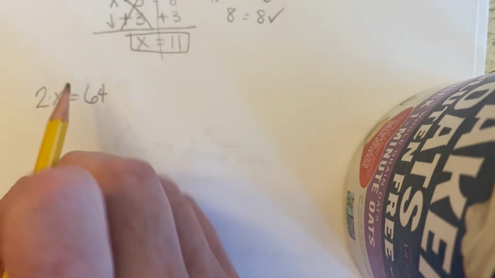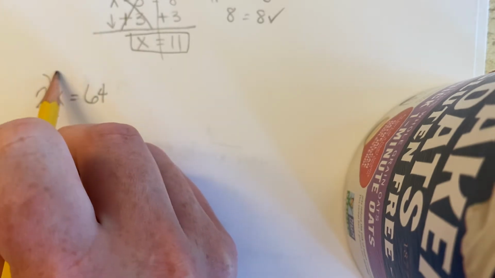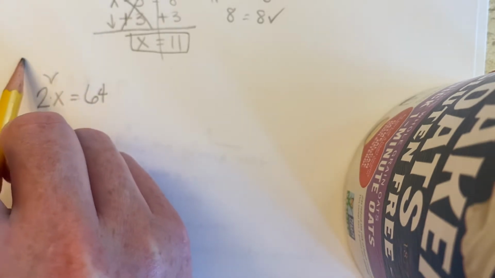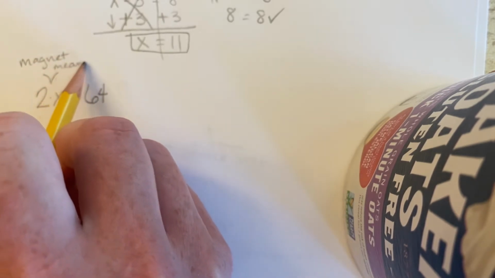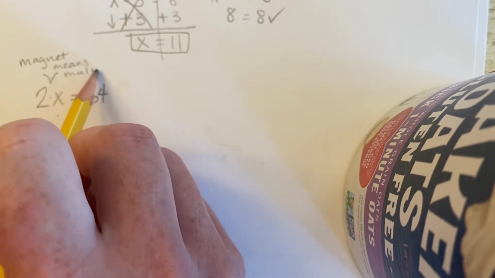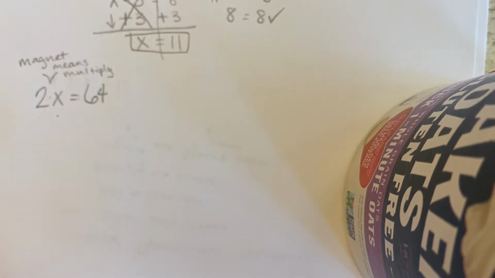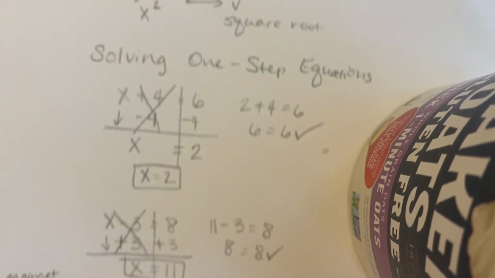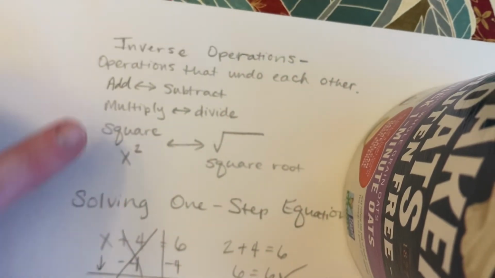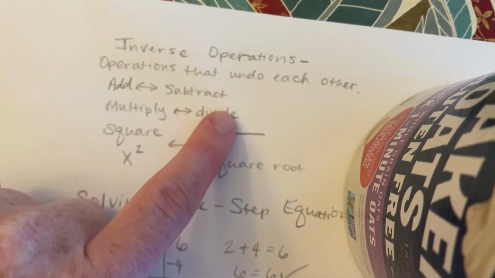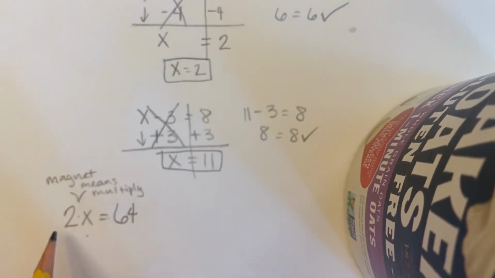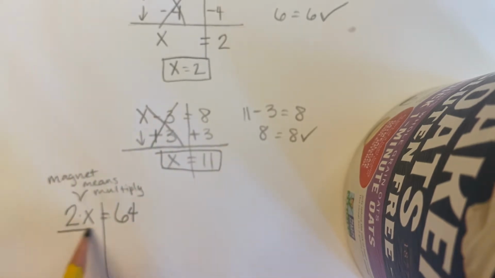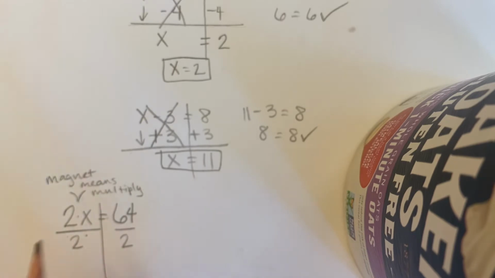I've told you before that if they're mushed together and you don't see any sign in between, they look like they're stuck together with a magnet. That means multiply. Magnet means multiply. So if I go back up here to my rules, how do I undo multiply? Boom, divide. So we're going to divide both sides. Remember, what I do to one side, I must do to the other. Divide both sides by that number in front, also known as the coefficient.